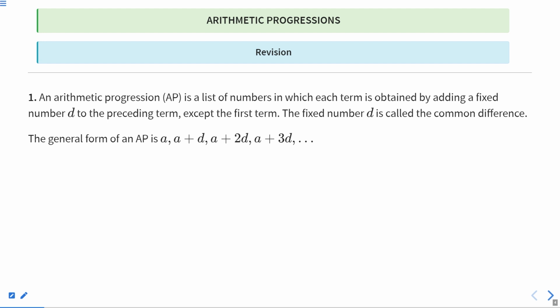In our previous lecture we studied arithmetic progressions. So what is an arithmetic progression?